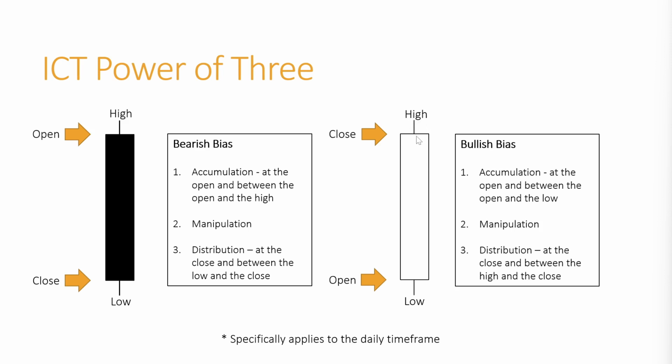And so again, if we're applying a bullish lens or a bias to the market, this is the type of price action that we're going to be expecting to see. We're going to expect to see an up close candle where we open, trade lower, trade higher, and then close below the high. And keep in mind that the power of three applies to the daily time frame and specifically in terms of our bias.